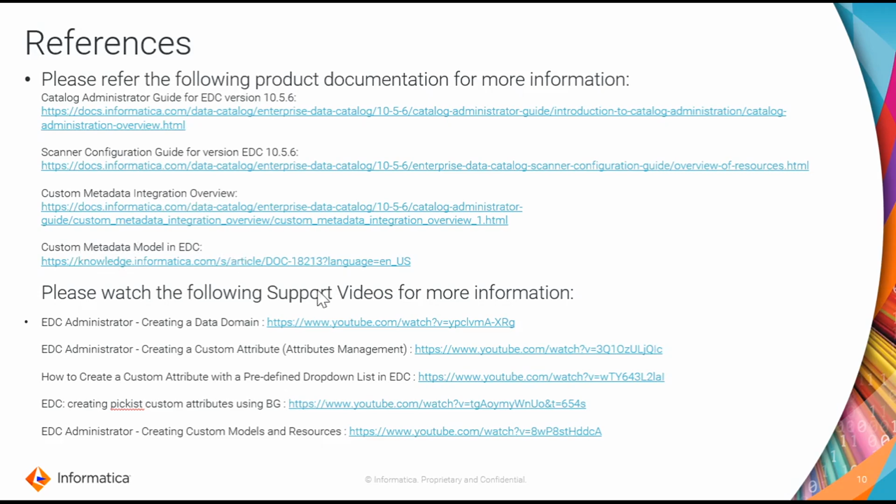And then here are a few support videos on how to create data domains, custom attributes, and custom attributes with a predefined drop-down list, a video on custom attributes using business glossary, and another video on creating custom models and resources.